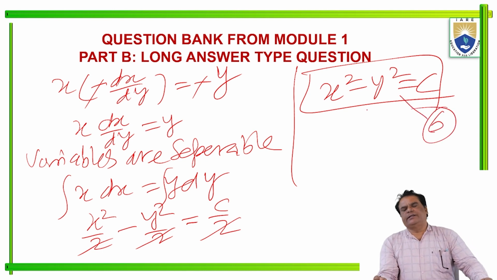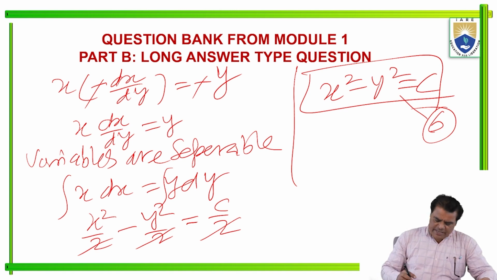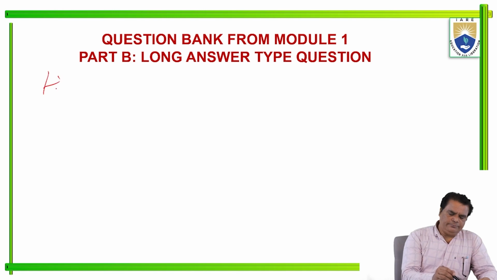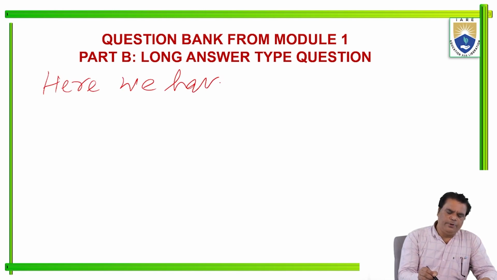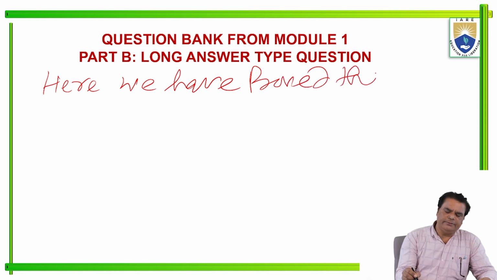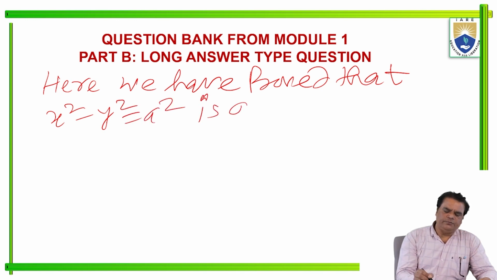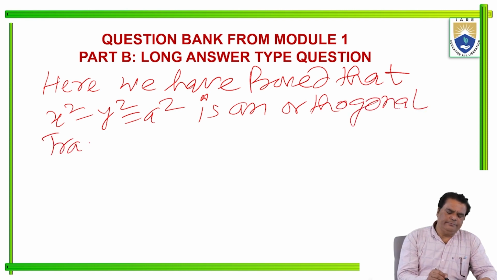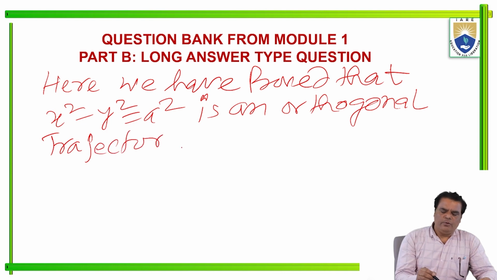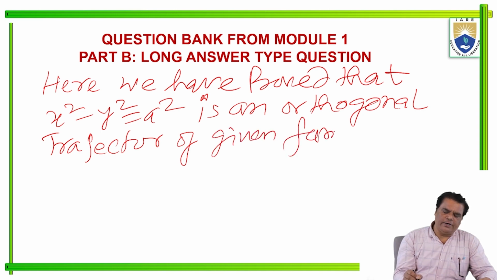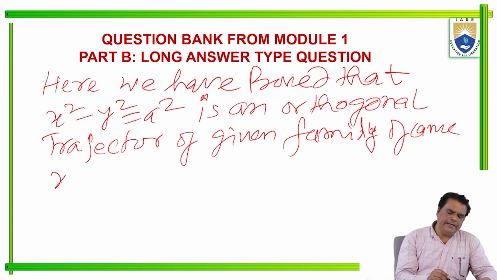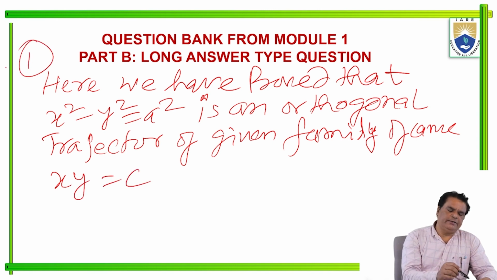So this is equation number 6. This is the orthogonal trajectory of curve 2. So we have proved here that x square minus y square equal to a square is an orthogonal trajectory of the given family of curve xy equal to c. This is the first result.